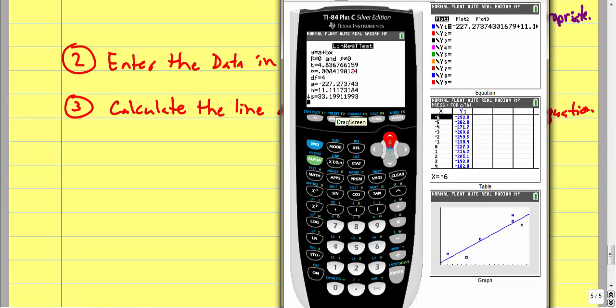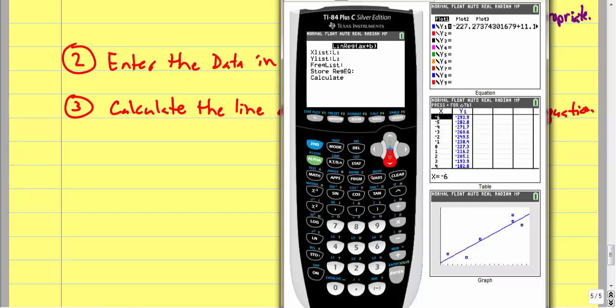So I can get this from that linear regression t-test, or I can go to stat, calc, linear regression, ax plus b. Now my x values are list 1, y values are list 2. And then over here I'm going to store my linear regression equation under my y equal button.